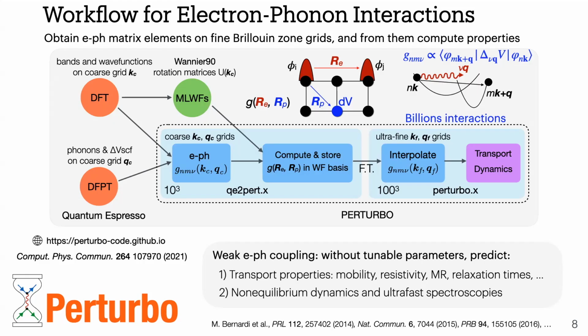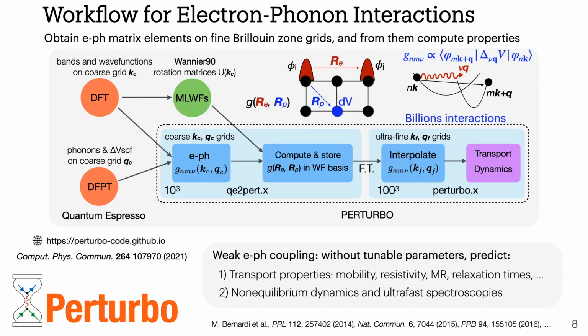Typical DFT and DFPT calculations are done on grids that are about 10 q-points per direction. So in a bulk crystal, you could have, for both the electrons and the phonons, a grid on the order of 10 by 10 by 10.